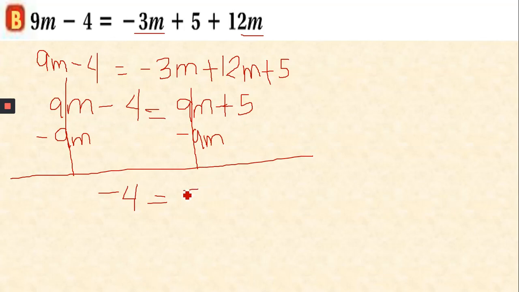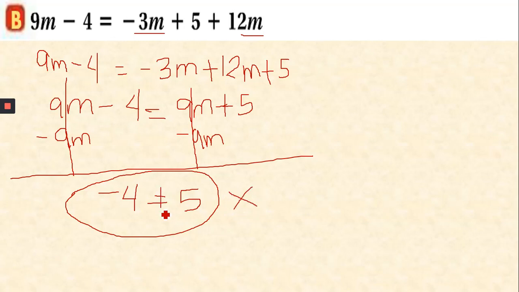Bring down 5. So we have here no variables left. Negative 4 is equal to 5. Is that true? No. They are not equal. Since they are not equal, is it no solution or many solutions? It is no solution.